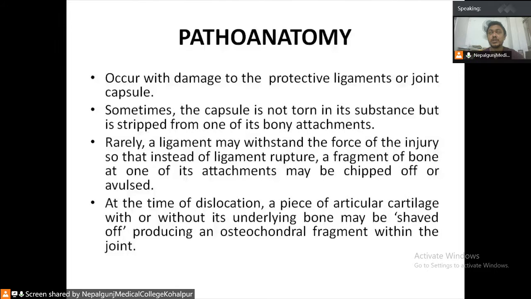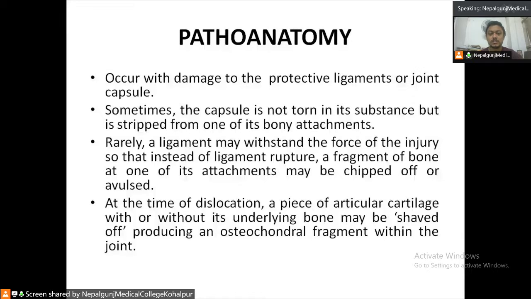So what happens when there is joint subluxation or dislocation? Whenever there is a dislocation, it must injure a layer of the joint capsule. Sometimes the capsule is not torn in its substance but is stripped from its attachments.